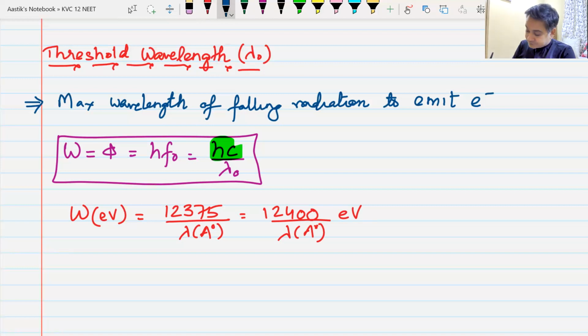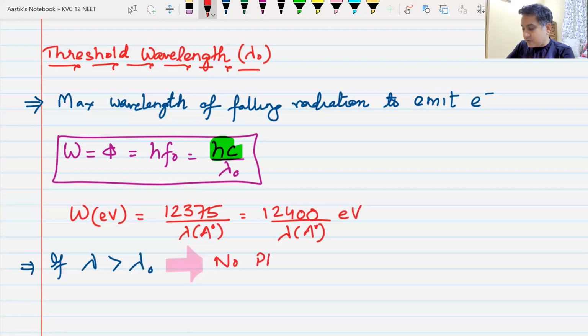Now again, if lambda of the radiation is greater than lambda naught, then no photoelectric effect, no matter what you do.